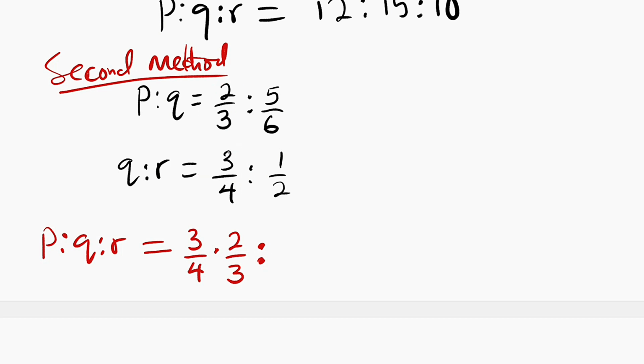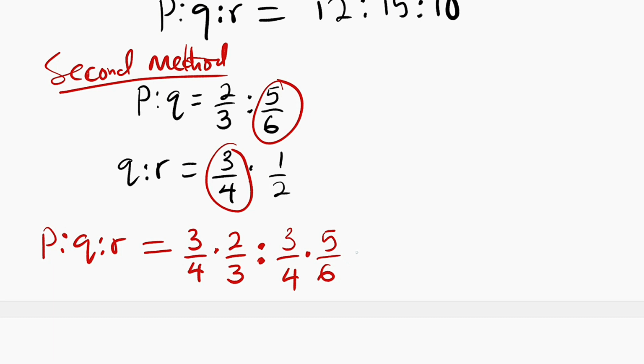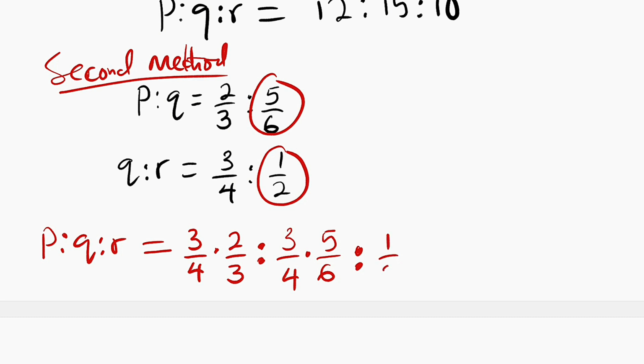Too, you multiply this by this, which is the same thing as 3 divided by 4 multiplied by 5 divided by 6. To the last one, you take this and multiply by this, which is 1 divided by 2 multiplied by 5 divided by 6.